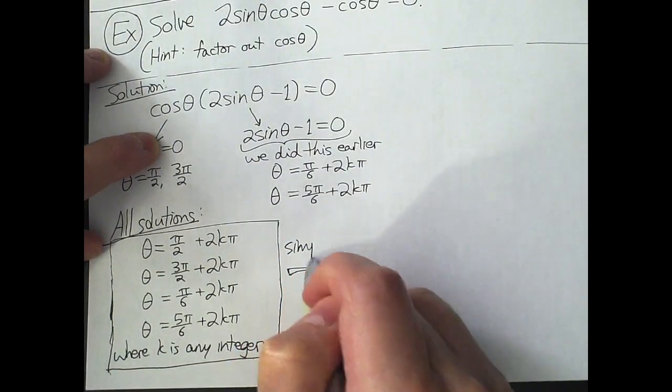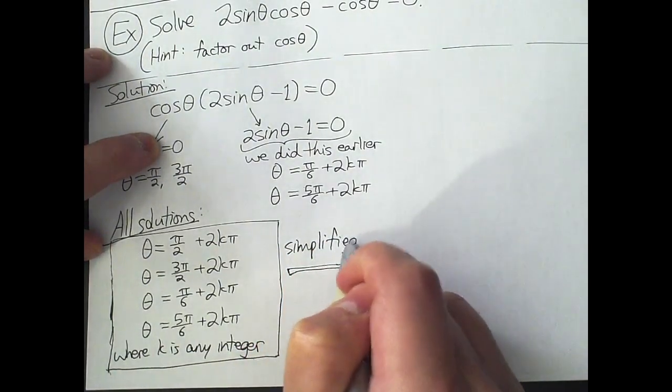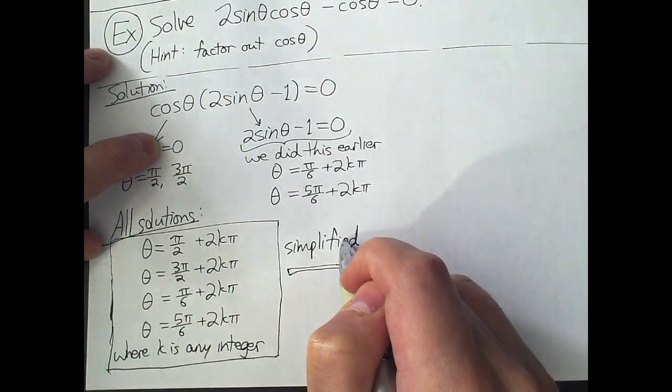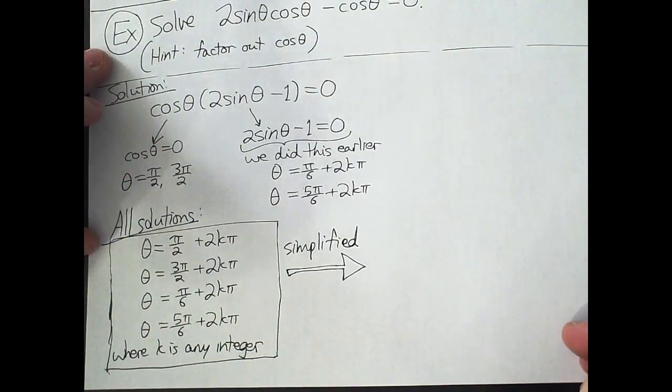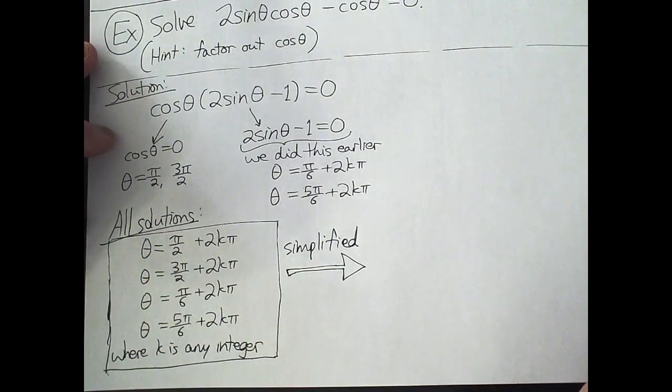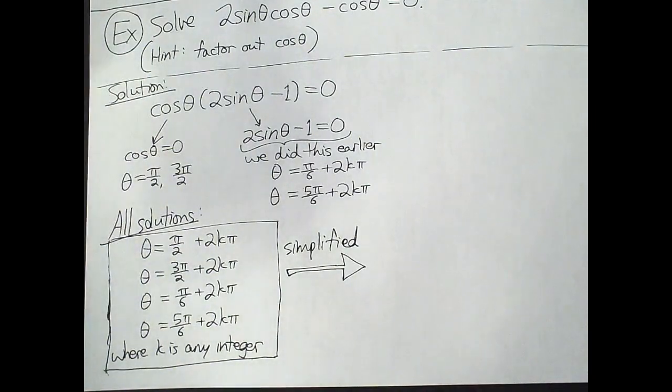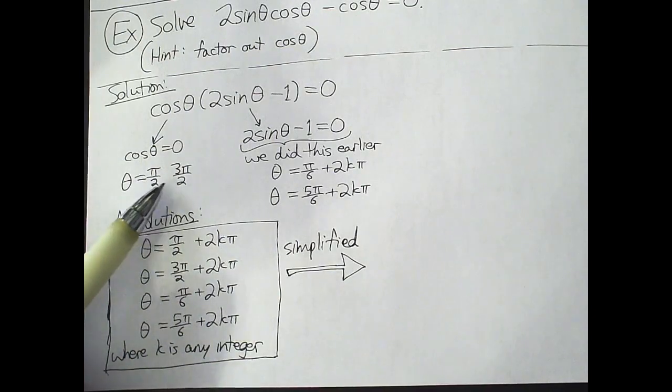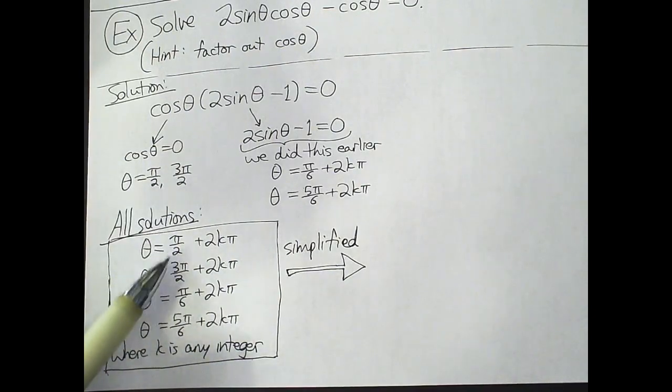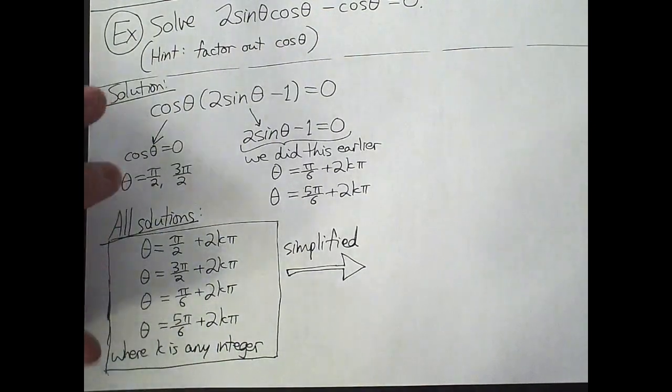For this one, I'm going to say either one is okay, because this simplifying step seems less obvious than some of the other simplifying we've done. I notice that pi over 2 and 3 pi over 2, these solutions that we wrote, can be merged, right? Because they're pi apart from each other.